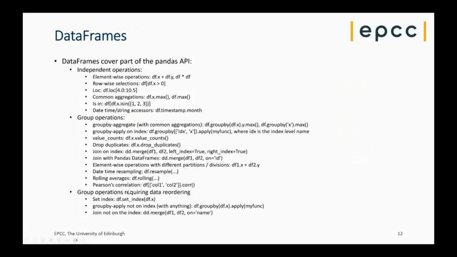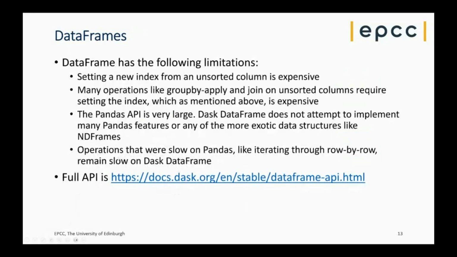If you're going to do group by operations, you probably need to do some data reordering, where you set an index and you apply those kinds of things across there. But that's the kind of functionality you get from the data frame, with the caveat that setting new indexes on unsorted columns is expensive. As you can imagine, you've got to go across all the individual data frames in the group and do that work across them.